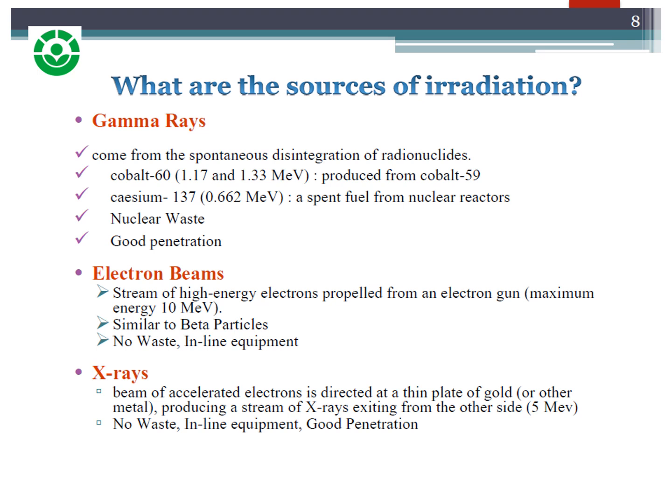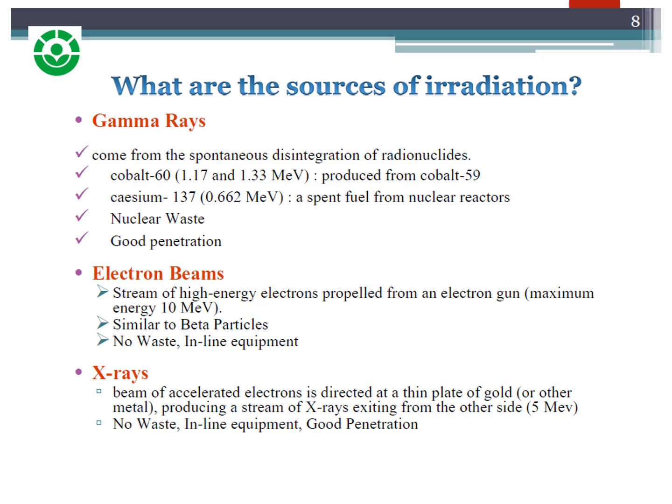The main source is cobalt 60, produced from cobalt 59. The next main source is cesium 137, a spent fuel from nuclear reactors. Some nuclear wastes produce gamma rays.